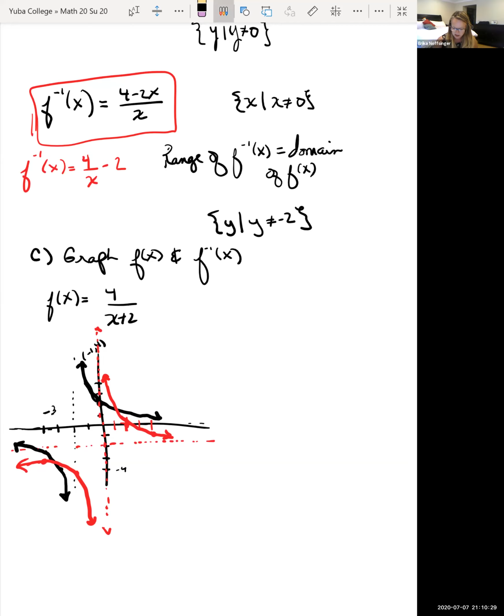The other thing they wanted us to graph was that line y equals x. And if you folded the paper, they should be a mirror image across that line, which is hard to tell.